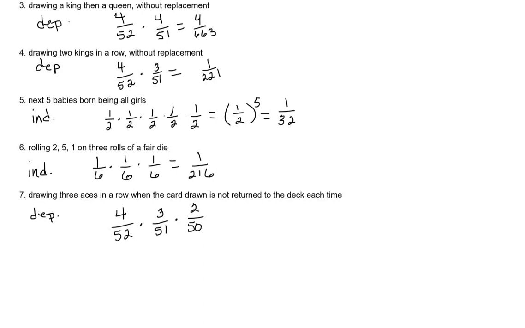Now, if I put all 3 of those fractions in the calculator and tried to write this as a fraction, it's not going to work because my calculator will only display so many digits in my denominator. So what I'm going to have to do is put 4 over 52 in the calculator and simplify that, and that is 1/13. 3 over 51 is 1/17, and 2 over 50 is 1 over 25.